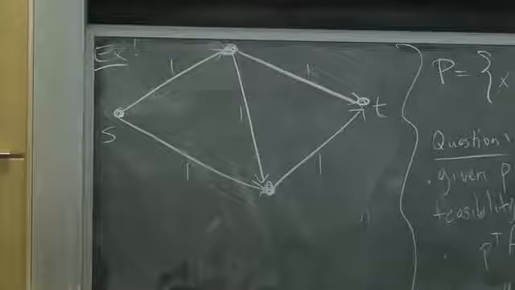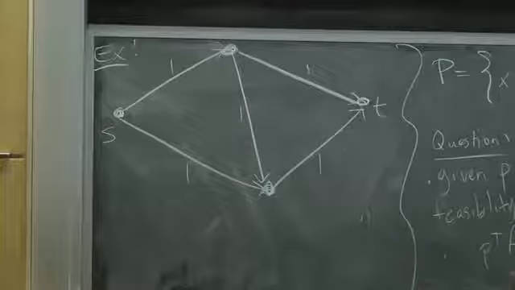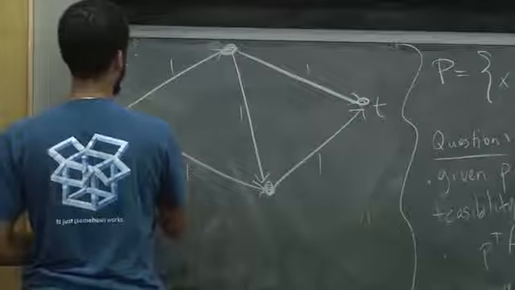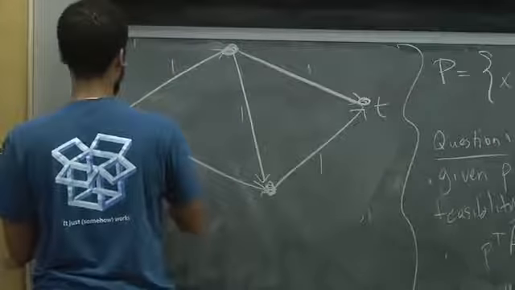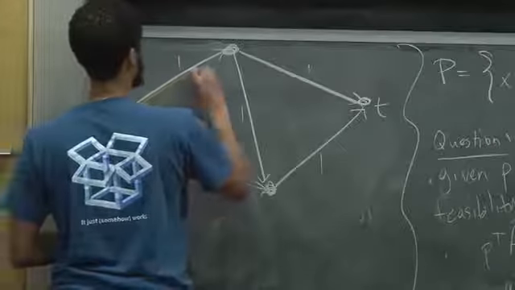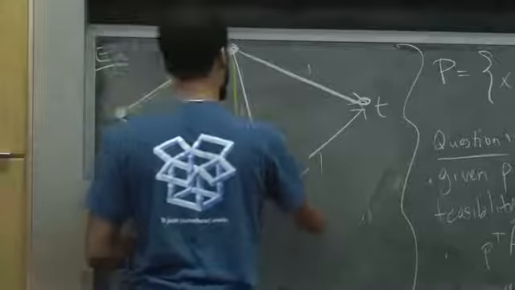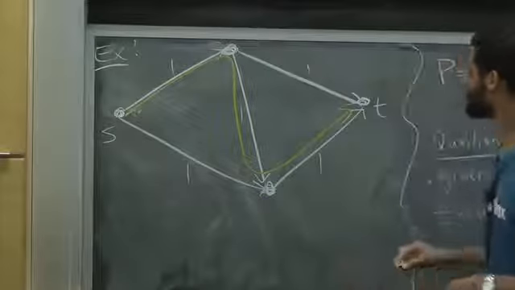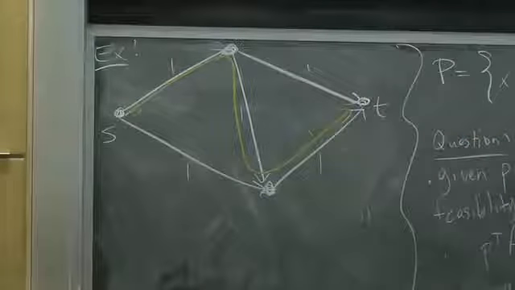So one feasible flow is the zero flow. I won't ship any water. Another flow, for example, is I'll ship 1 unit of water this way, and then I'll go down here, and then it'll go this way. I'll ship 1 like that. That gets me 1 unit of flow.